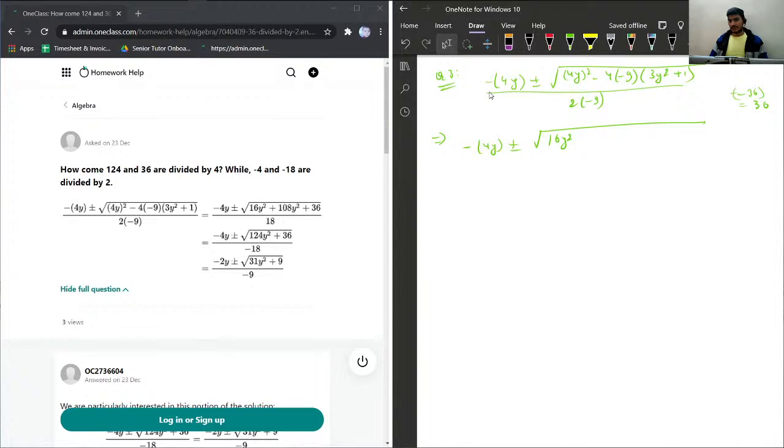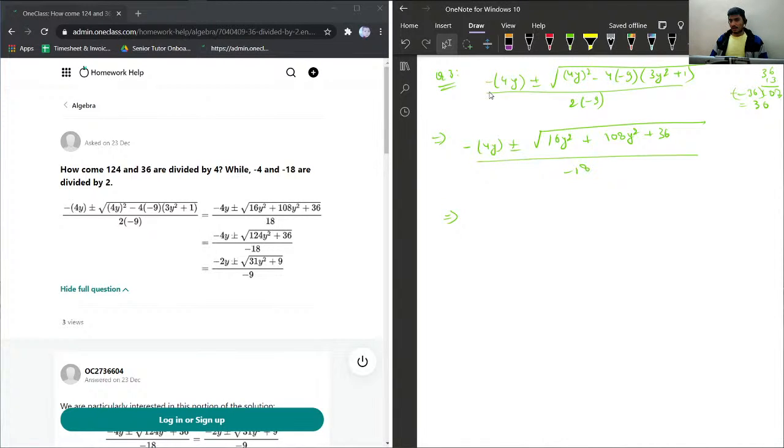So this 36, I'll write one plus sign here, multiplied by 3. So 36, 3 6 is 18, 3 3 is 9, 108. This will become 108y square plus 36, and 2 9s are 18, so this will be minus 18.